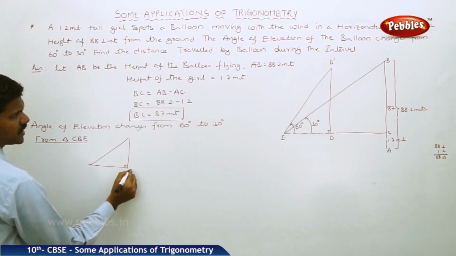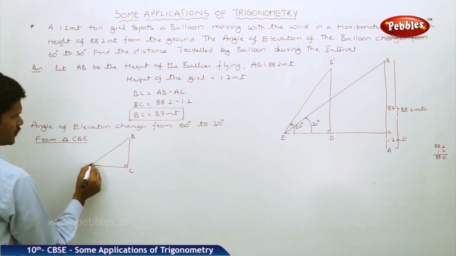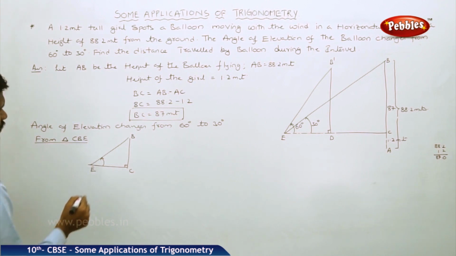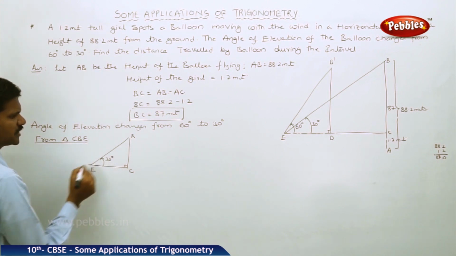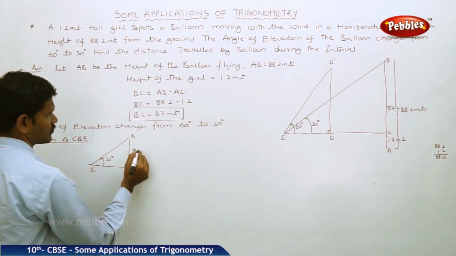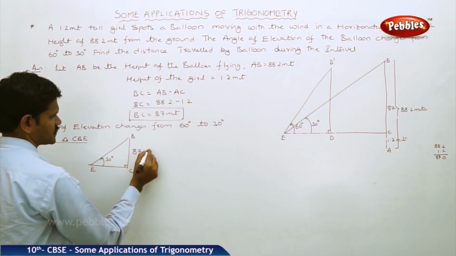Right angle is at C, B, E. The angle of elevation here is 30 degrees and CB is 87 meters.